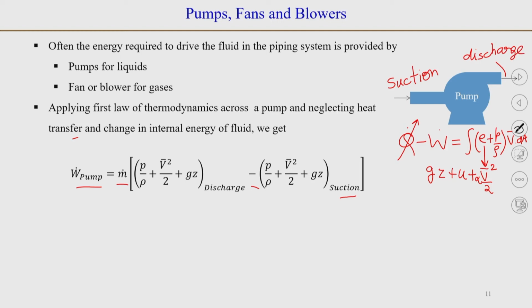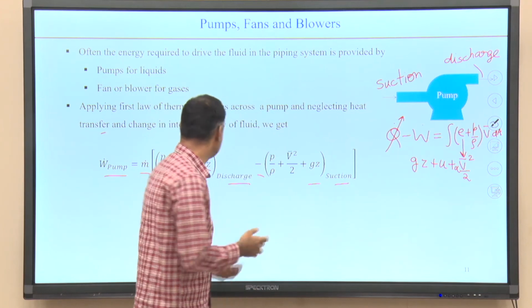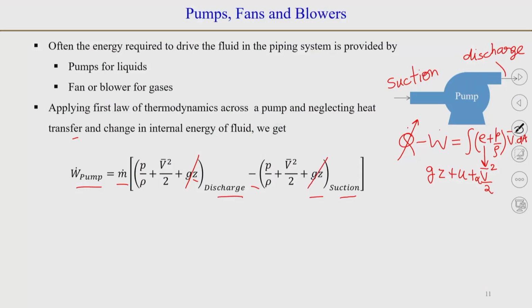So, P by rho plus V squared by 2 plus gz on the discharge side and on the suction side. Generally, the difference between z at the discharge and suction side is very small, so we can neglect these. So, it will be basically P by rho plus V squared by 2 at discharge and P by rho plus V squared by 2 at suction.